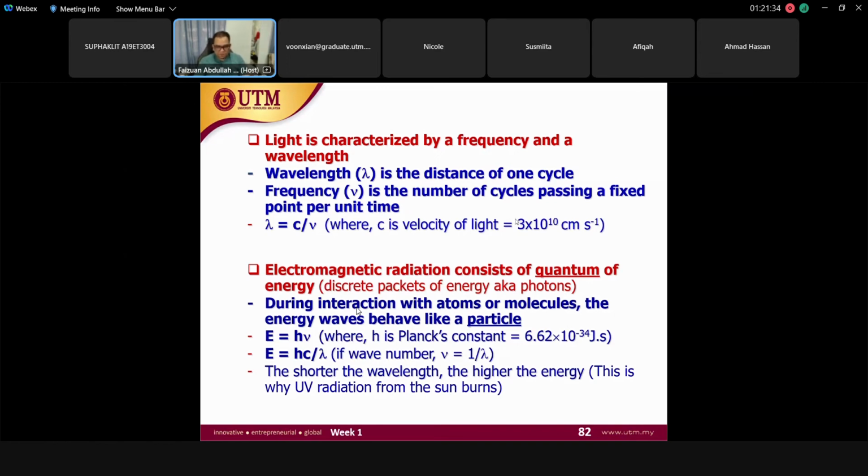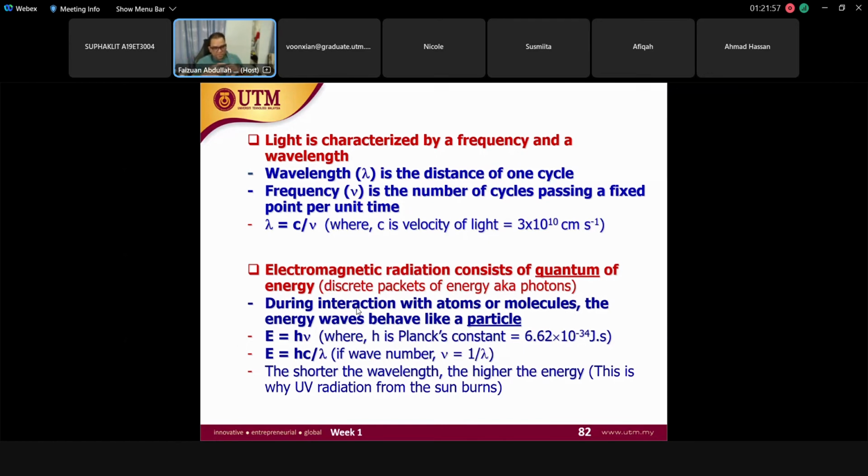Electromagnetic radiation consists of quanta of energy. This is what I have mentioned to you previously. A quantum of energy, or a discrete packet of energy, or photons, we call it. In scientific terms, it is called photons, a packet of energy. During the interaction with atoms or molecules, the energy wave behaves like a particle.